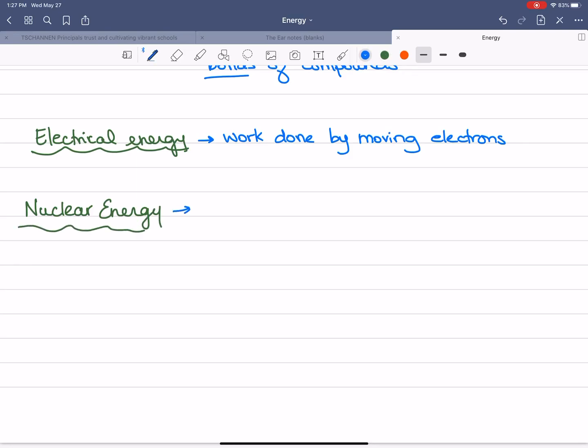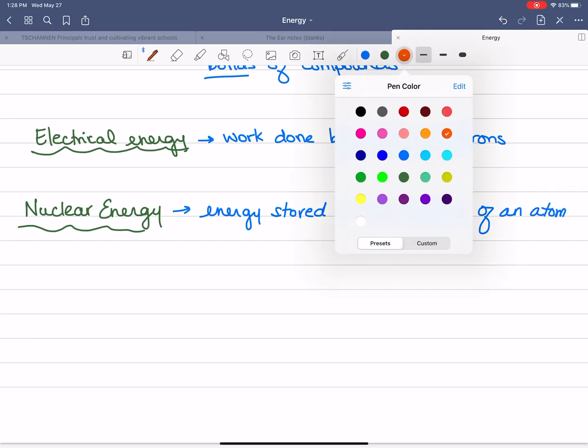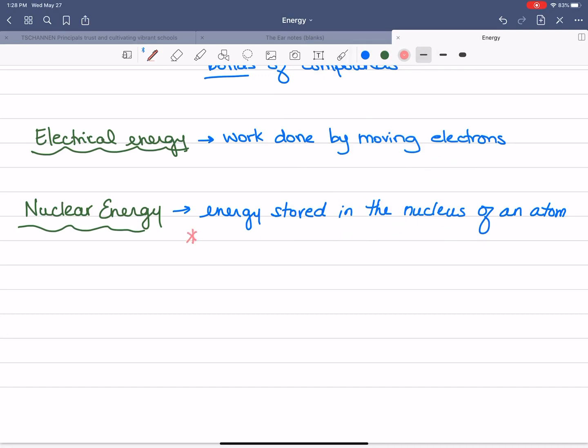Nuclear energy, this is energy that is stored. So again, it's a potential energy, but this time it is in the nucleus of an atom. And so we know we can have different kinds of nuclear energy. There is the fission. Fission means to split.